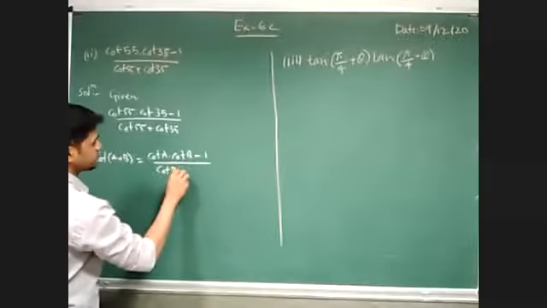Now, if you compare cot A cot B minus 1 and cot B plus cot A, then you will find the given value. So the given value can be written as cot (A plus B).